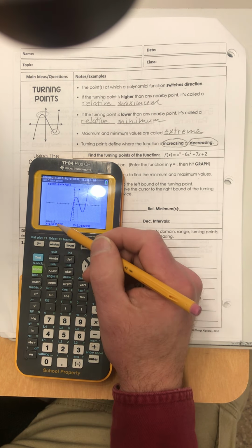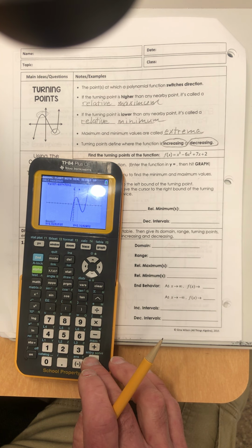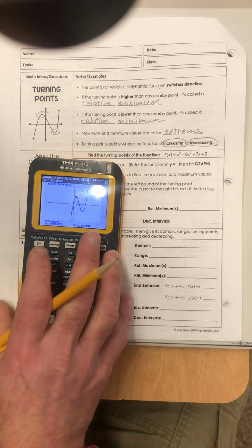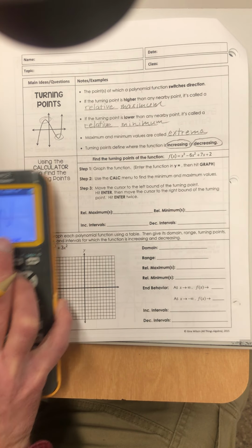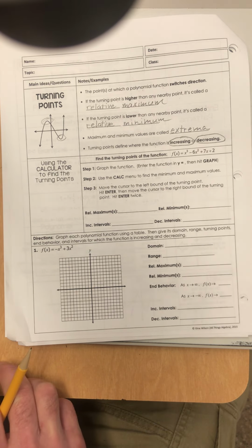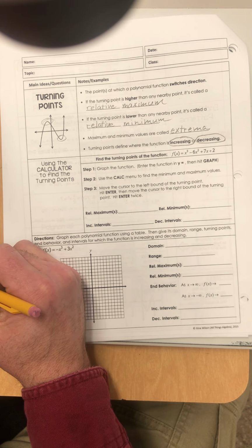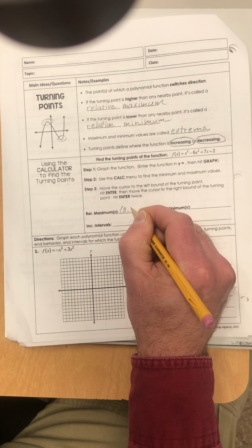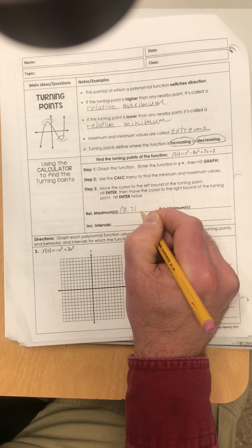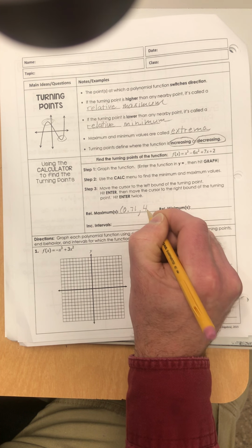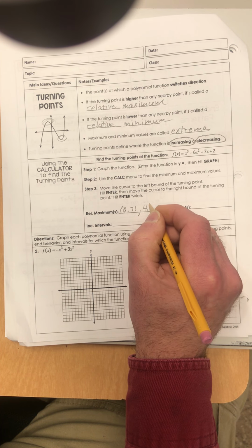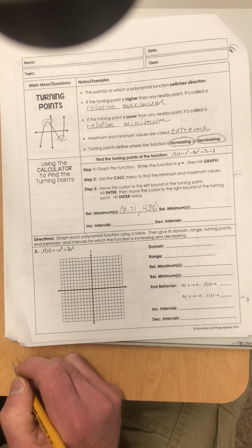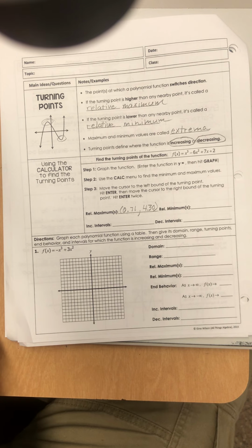But then it gives me a guess if I hit enter just one time, so I have to hit enter twice. And it's telling me that for this equation, the relative max is at 0.71, 4.30.